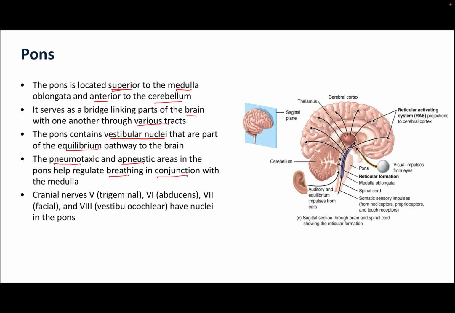And again, this is going to work in conjunction with that medulla oblongata that we mentioned before. The cranial nerves that we have associated with the pons are going to be the trigeminal nerve, the abducens nerve, the facial nerve, and the vestibulocochlear nerve, all, again, going to have their nuclei in that pons. So we can see here is our pons.